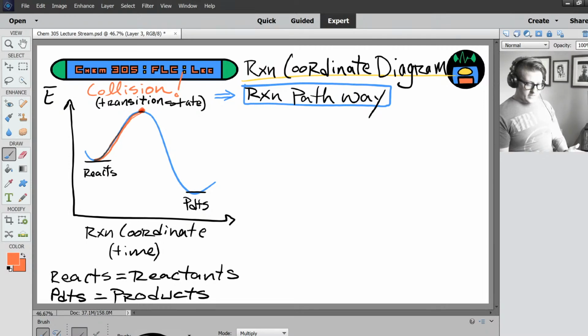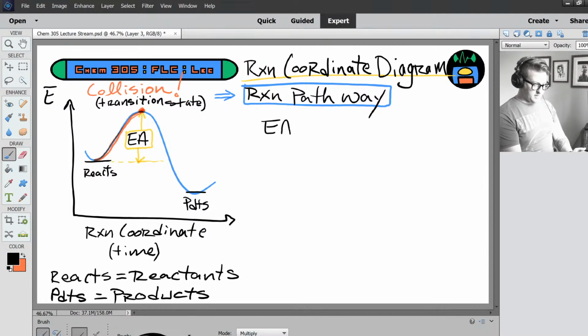Now, the activation energy is right here. The distance between the energy level of the reactants and the energy level of the transition state where the collision occurs, this is the activation energy for your reaction, all right?